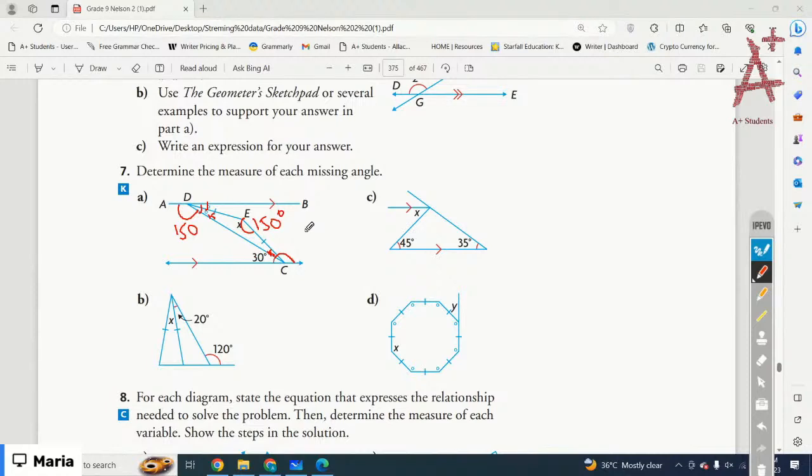Let's just start with B part. Okay, you're given 35, 45, and you have to calculate the angle X, right?